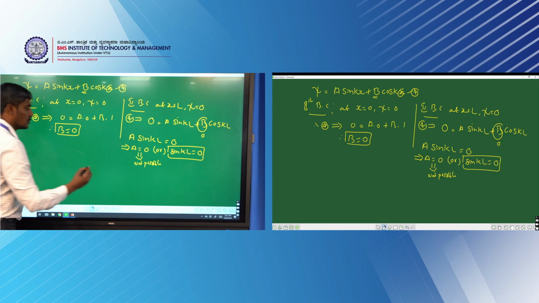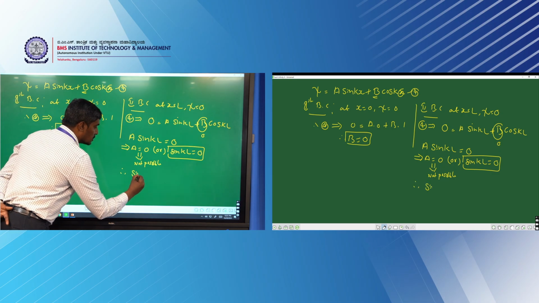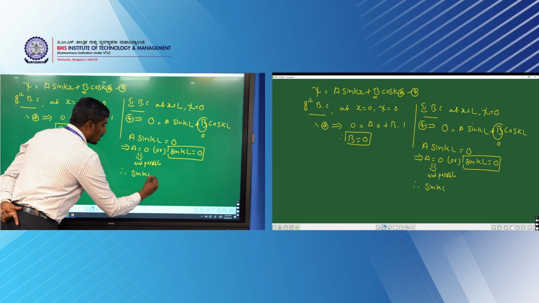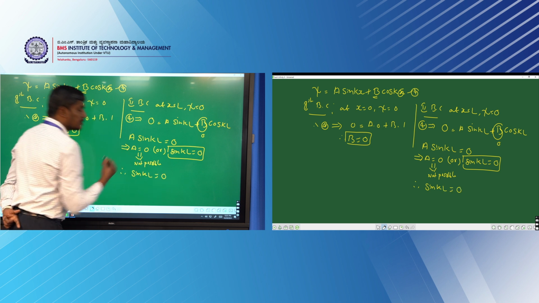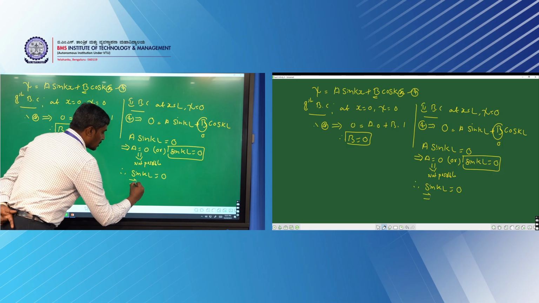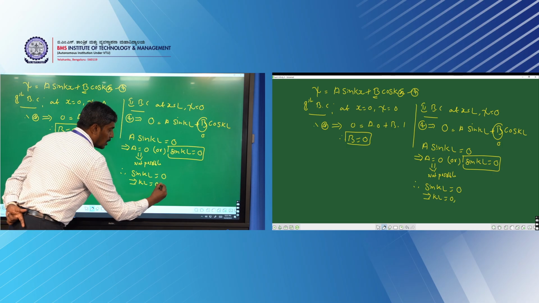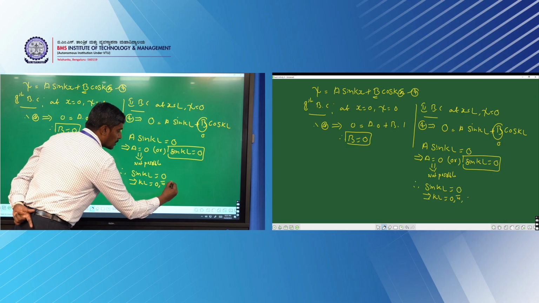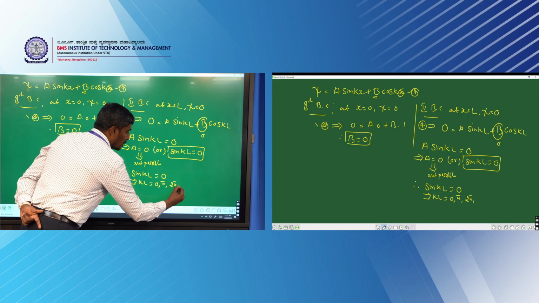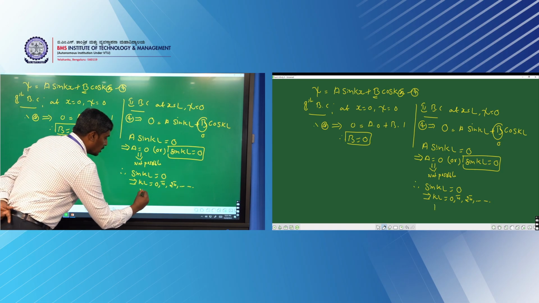So I can now conclude that sin KL is equal to 0. This implies the value of KL can be equal to 0 or pi or 2 pi, etc. Or in general, what can I write?